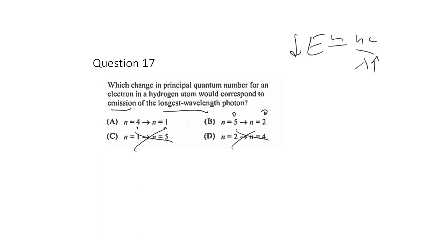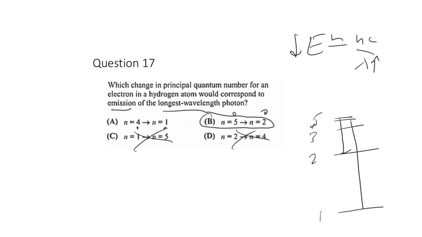So we need a high to low, and then 5 to 2 is going to be lower in energy than 4 to 1. So when we're thinking of our energy difference, 1, 2, 3, 4, 5, our 4 to 1 difference is going to be a lot greater in energy. The 1 to 2 is a huge difference of energy, 4 to 1 much bigger. And so our lower difference of energy is 5 to 2.